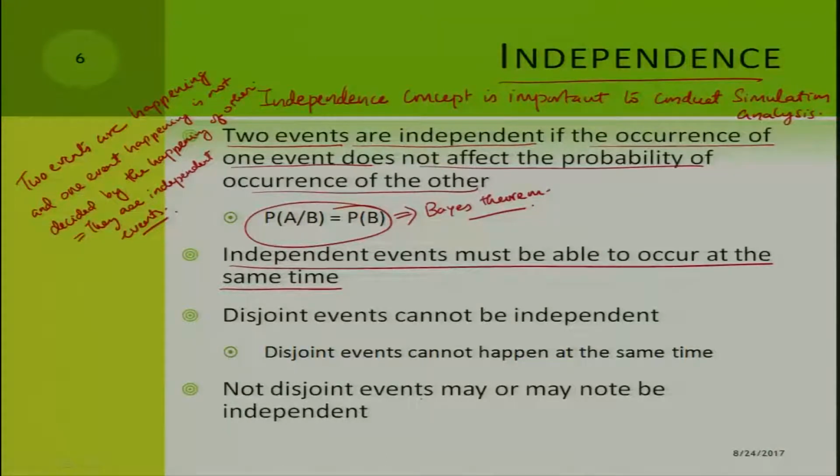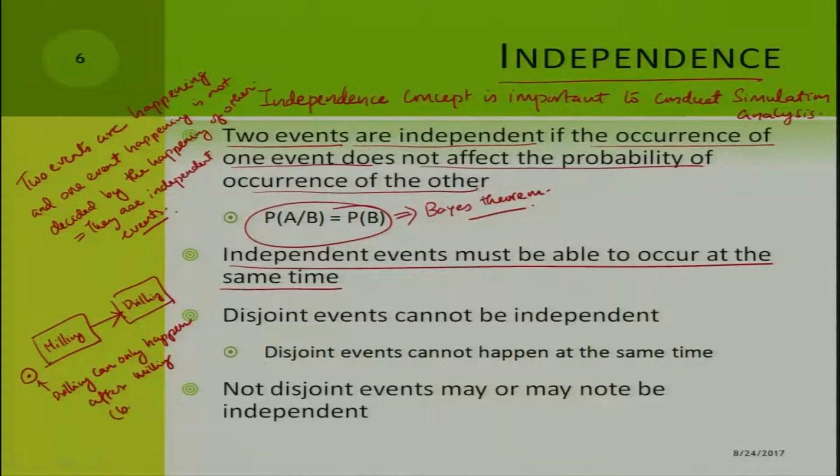So, if you have a manufacturing system in which there is a milling that is going on and drilling that is going on, they are connected with each other. Let us say a part is coming here, one part is here. Drilling of this part can only happen after milling, because of precedence.